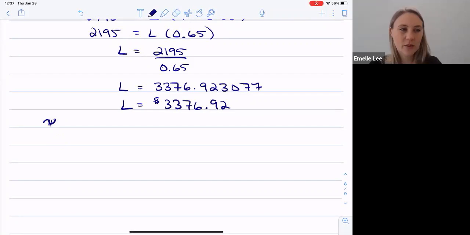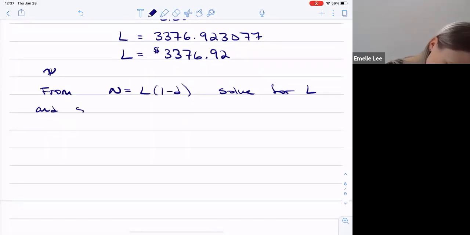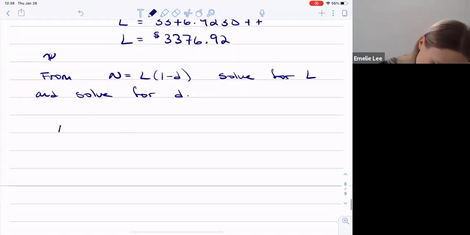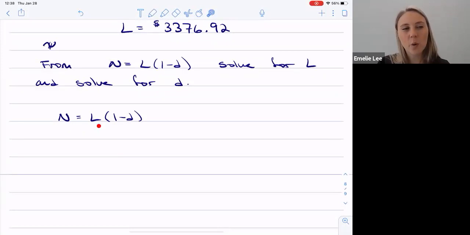Going back to one of our quiz questions, right? So from N equals L times 1 minus D, solve for L and solve for D. L's not bad, we just did it, right? So N is equal to L times 1 minus D. If I have to solve for L, I'm trying to get L on its own, right?